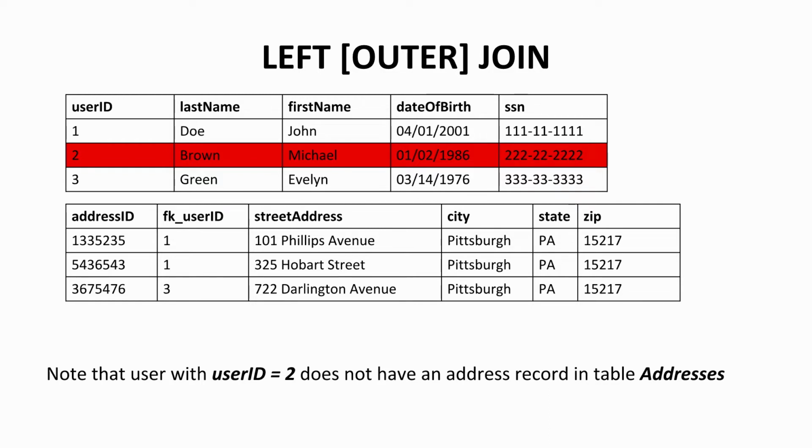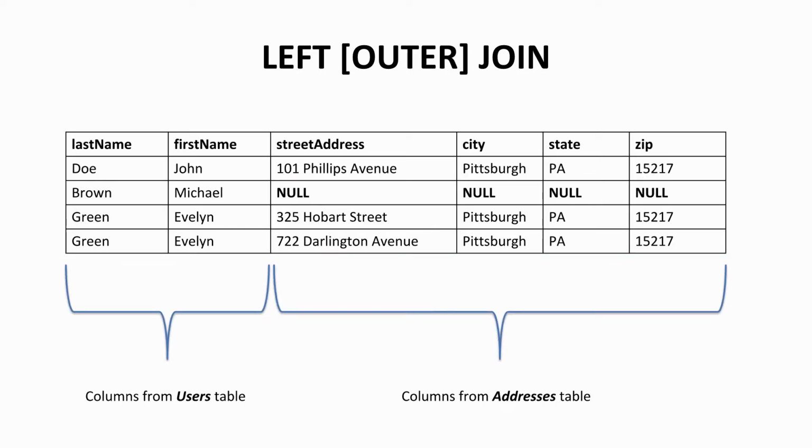So what we want to do is have a data set where we still show all the data from the table on the left and show nulls if it doesn't match on the right. So we want to retain all the data that exists in the left table, and when I say left table, it's simply the first table we list as a part of our merge or as a part of SQL join.